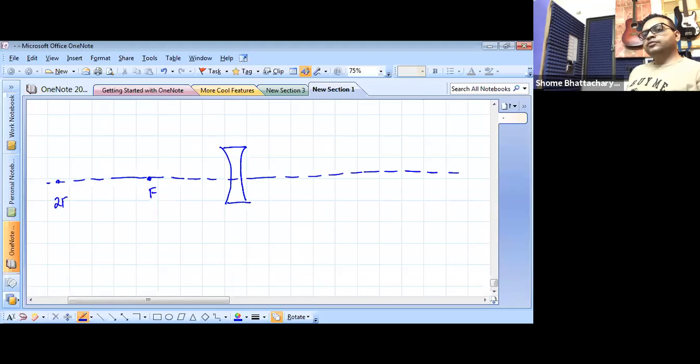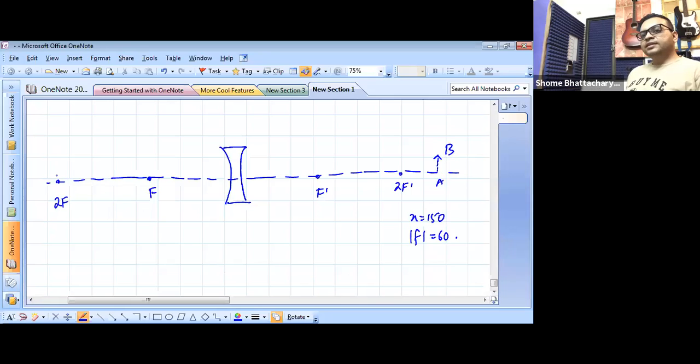This is 2F. So this is the image of the focal point here. In the third case, our virtual object was somewhere here because it was at x equal to 150, whereas the focal length magnitude was 60 centimeters. So something like this. So PB is somewhere over here.